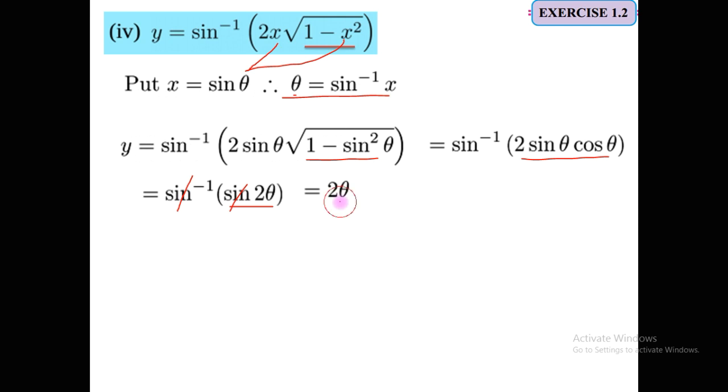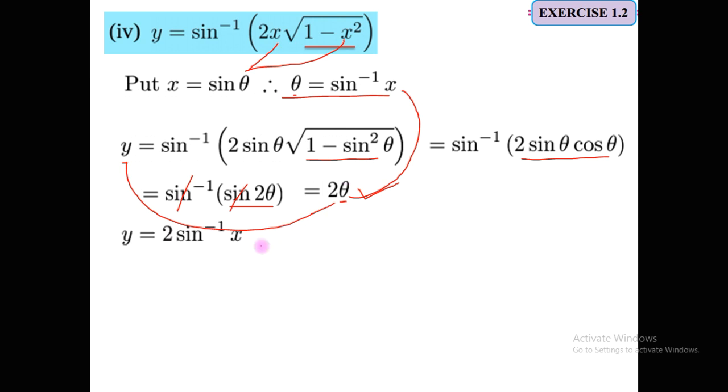See, this part is in theta and this is in y. I want the derivative in terms of x, so I need to replace this theta. At this moment we are not finding the derivative. We have to replace this theta by sine inverse of x, so that this term will be in x. Some of the students make a mistake over here. They simply differentiate this with respect to theta and assume the answer to be only 2, which is not the correct one.